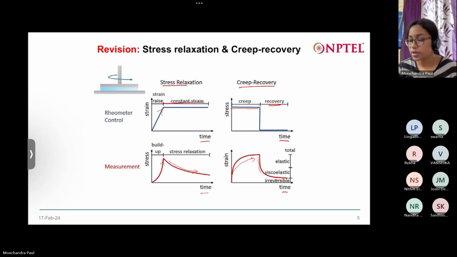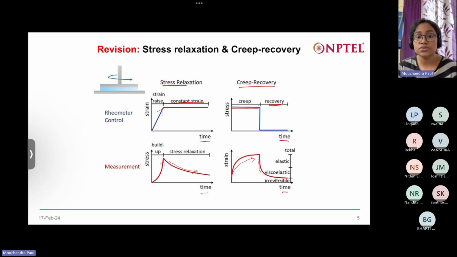People use models to explain these two phenomena. There are two models: one is the Maxwell model, another is the Voigt model. The expressions that you saw in the lectures came when we solved these two models. On solving the Maxwell model and the Voigt model, we obtained those two major equations.